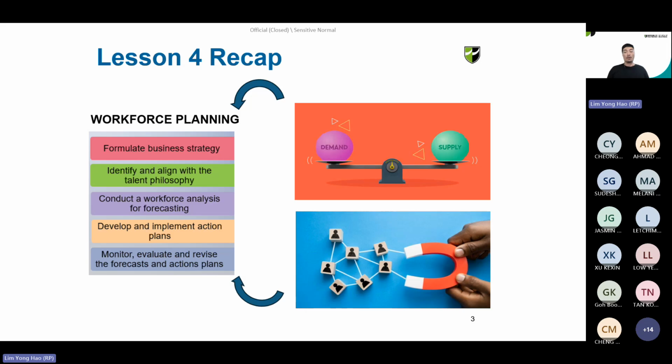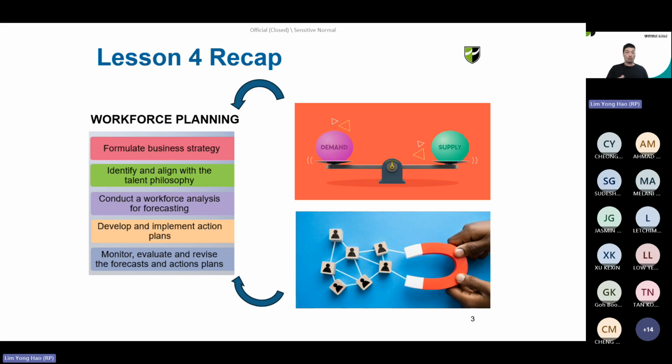Or if it's more developmental, I believe this week or probably next week, you will be talking a bit about the developmental theories. So when you're looking at some of these theories, you can see it from this perspective on, okay, why do people want to leave?